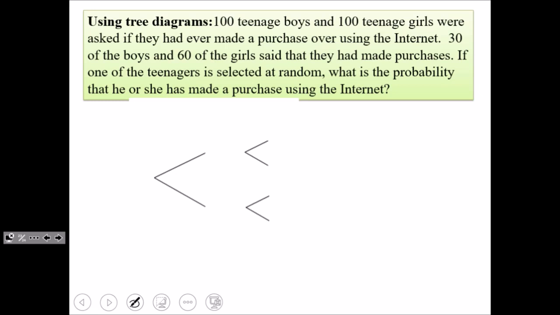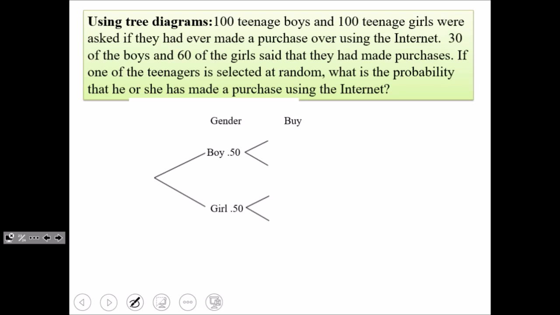If I pick a person at random, the first thing I'm figuring out is, what's the chance to get a boy or a girl? 50-50. Next question is whether or not they buy something over the internet. So my next decision: have they bought something? And we remember the probabilities were not the same.